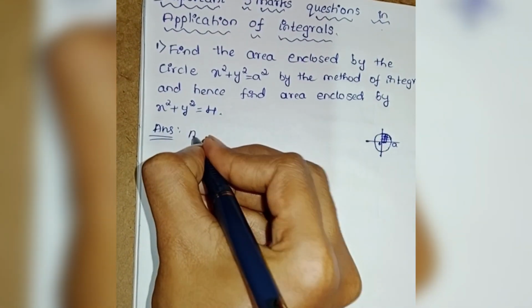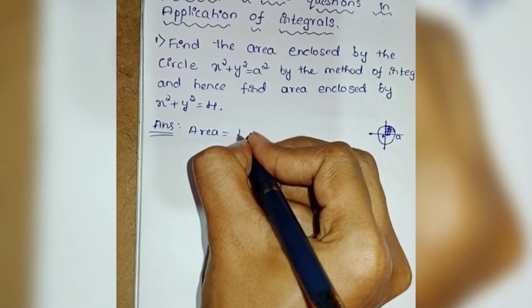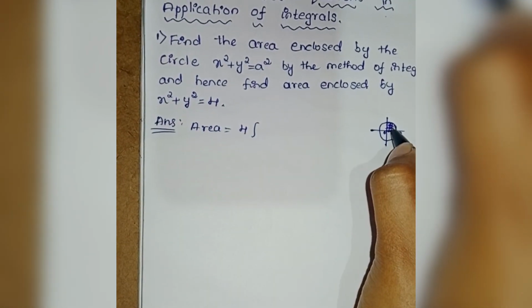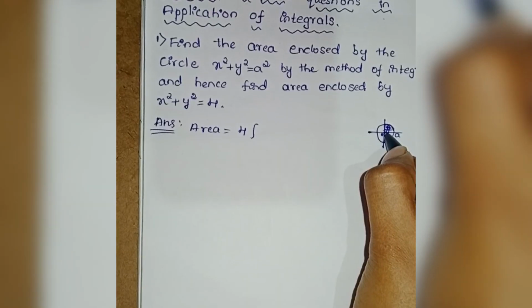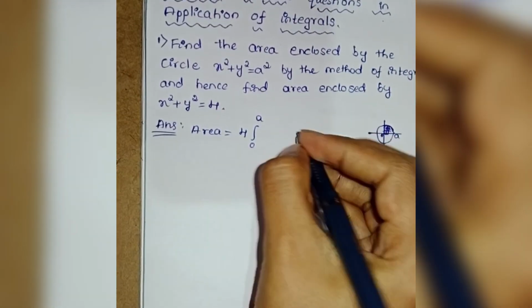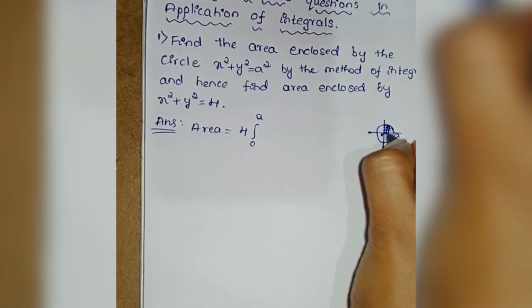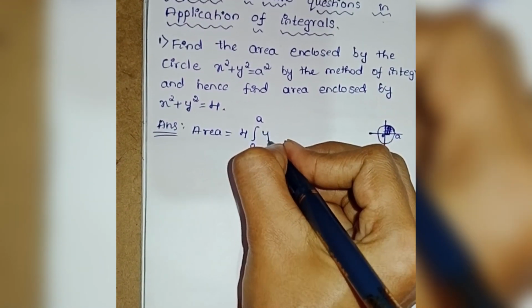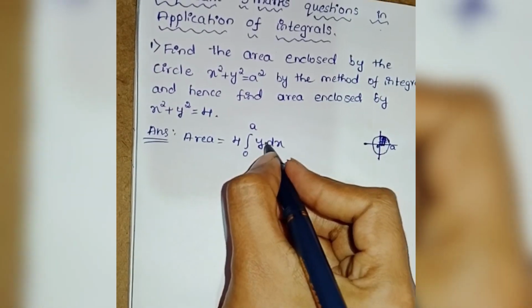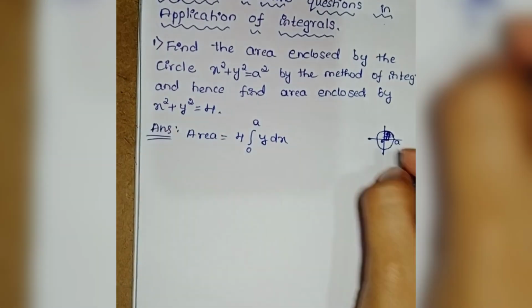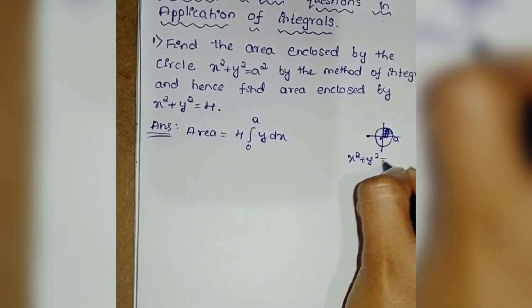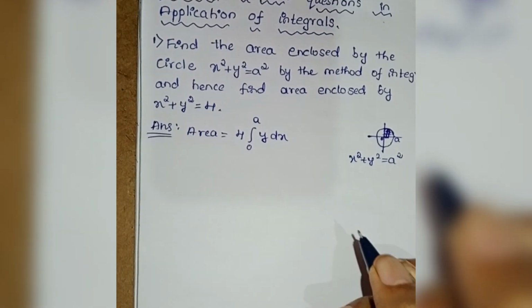So area equal to 4 times integration from 0 to a, where the strips start from 0 to a, with respect to the x-axis, y dx, right? Now we have to find out what y is in terms of x. So x square plus y square equal to a square is the equation of the circle.